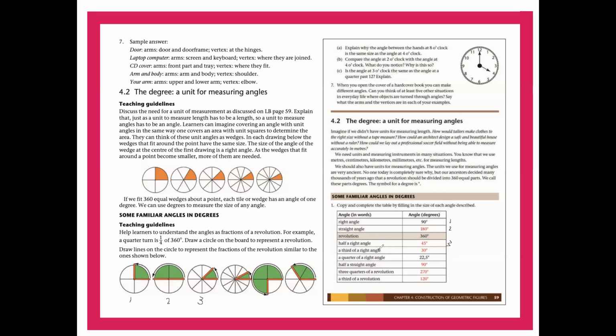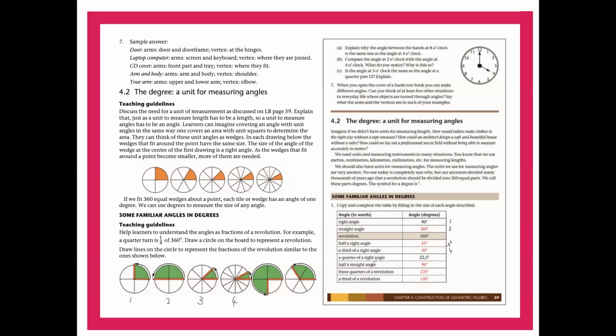If you split that into 3, you'll get 30. So this is number 4. The same if you do a quarter of a right angle, you just split that 90 degrees into 4. Okay, and then that's just how you continue.